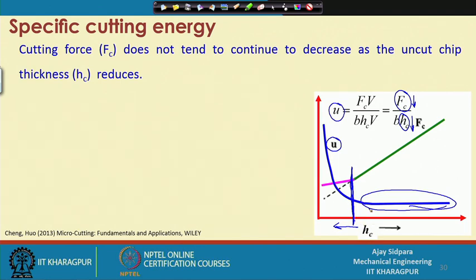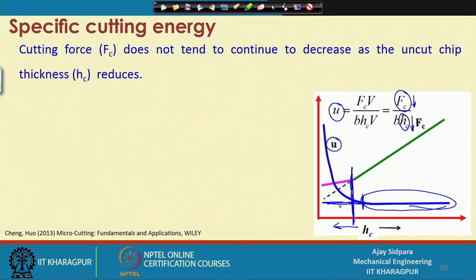But now once it crosses one particular limit, this balance is not maintained. Now this is the yellow pink color line. By this trend, if your Hc is reducing, Fc should also reduce, then it should follow this dash line, and again your specific cutting energy will be a straight line.